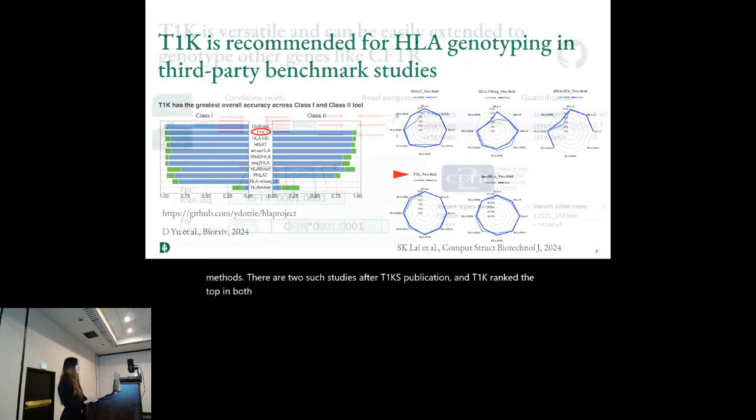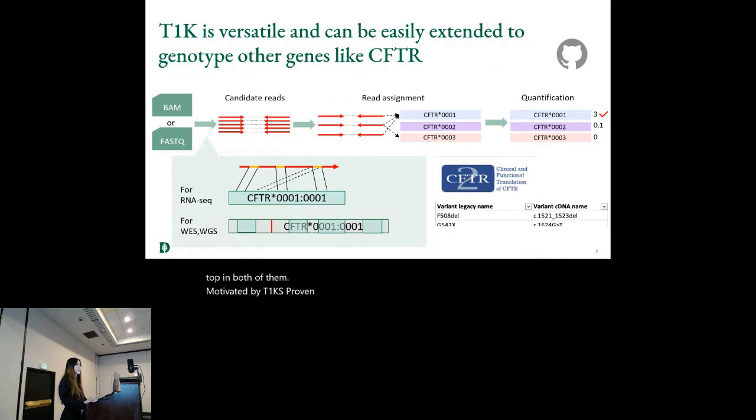Motivated by T1K's proven accuracy and intuitive command line interface, we can now apply its read count abundance model and flexible reference designed to deliver precise and scalable CFTR genotyping. And the reference database is created from the CFTR2 database.